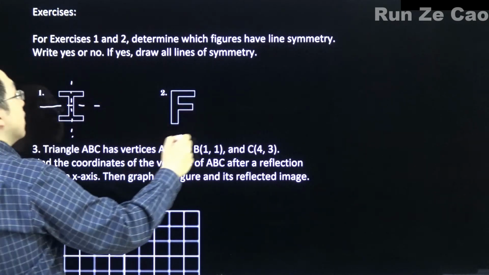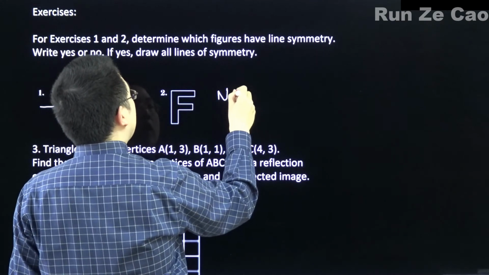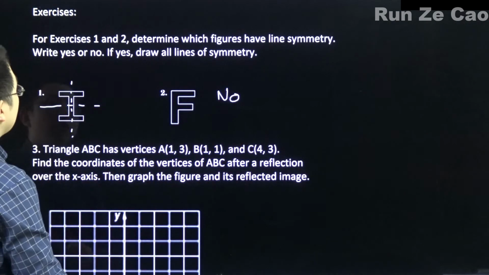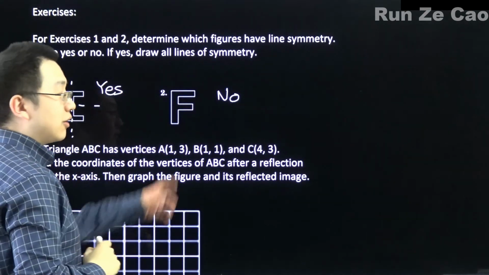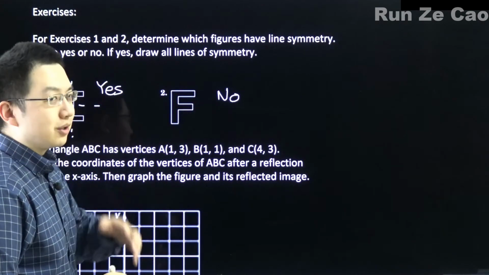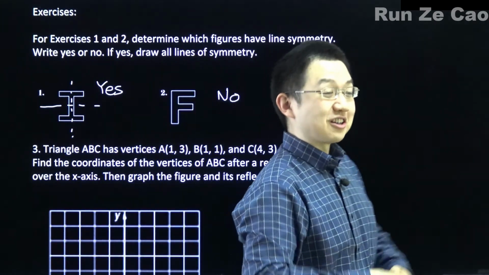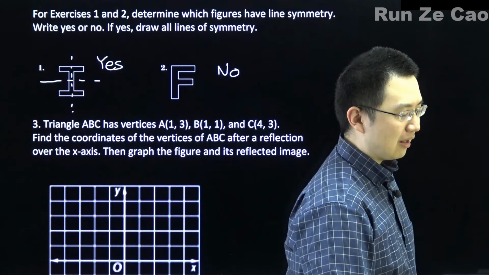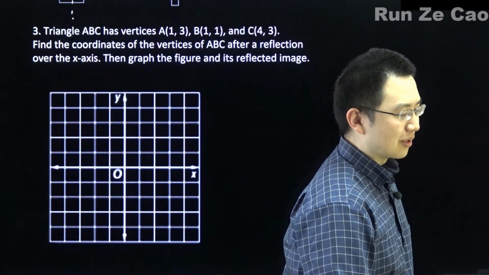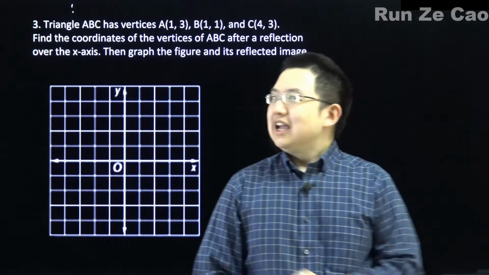Whereas this has no. It says write yes or no, so wait, yeah, we should probably write yes here as well. So there's no line symmetry here, but we don't have to write the whole thing because instructions. Reading instructions is very nice. You avoid mistakes and you can save effort.